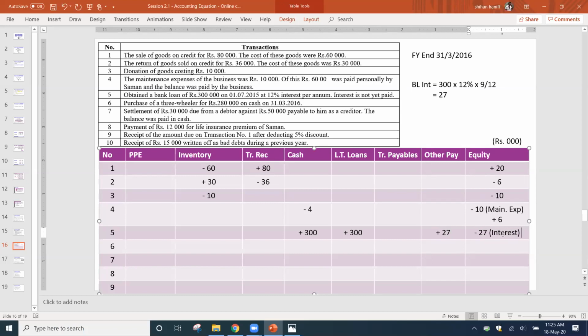Due to interest, equity will reduce. So I can continue the rest.